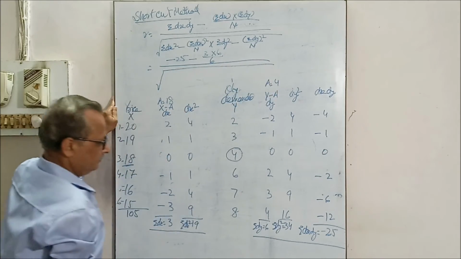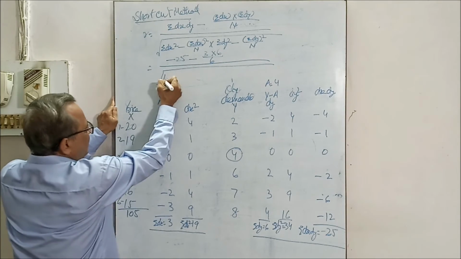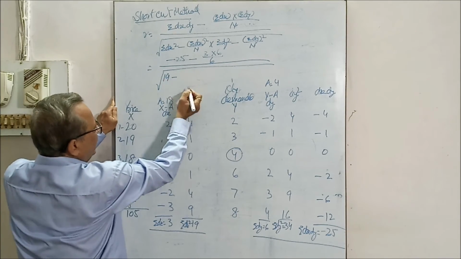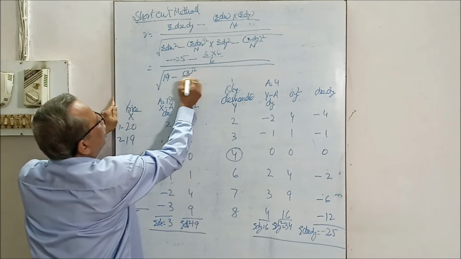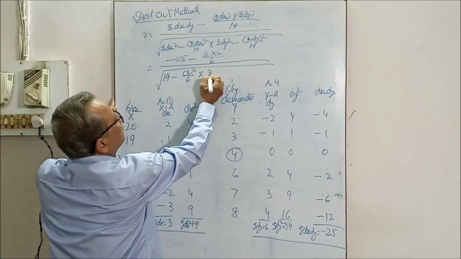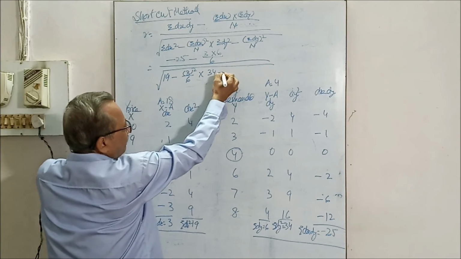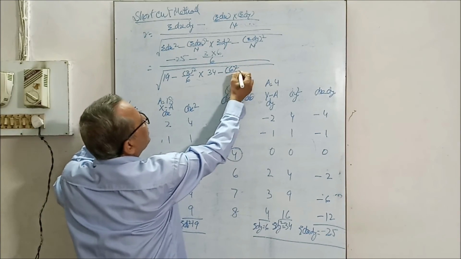Under root, sigma dx square is 19 minus sigma dx 3 whole square upon n, into sigma dy square 34 minus 6 whole square upon 6.